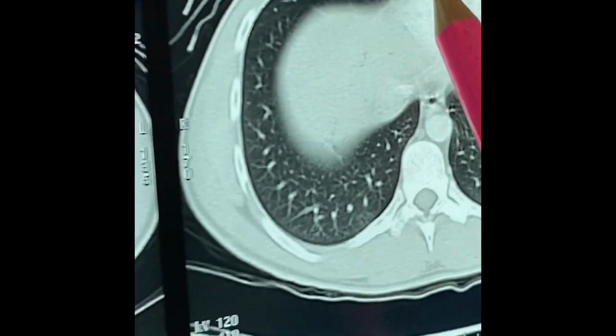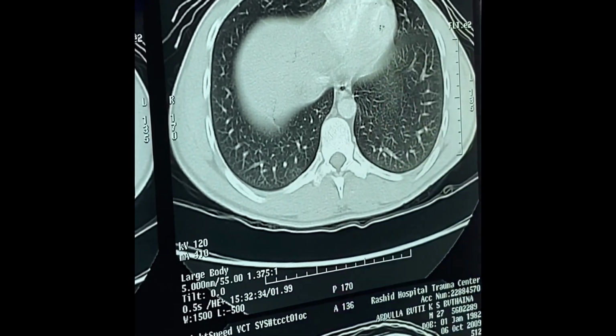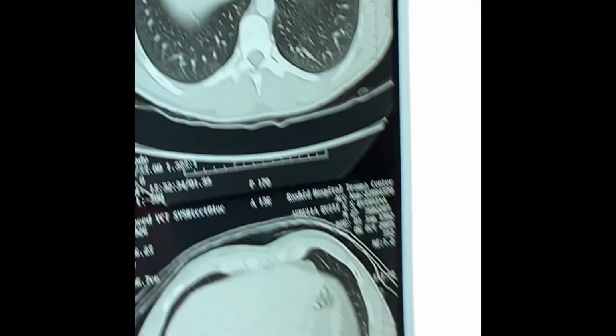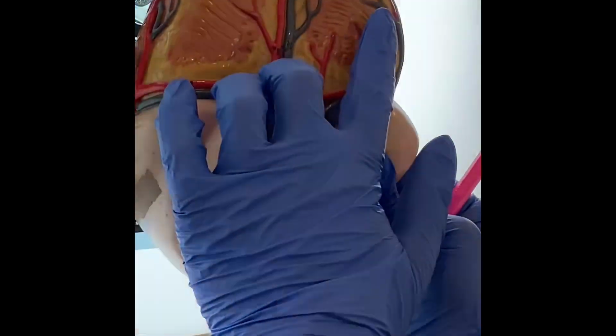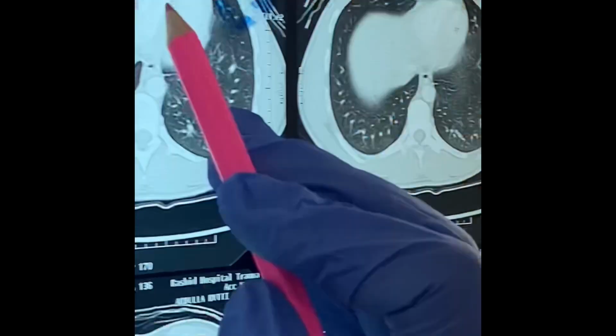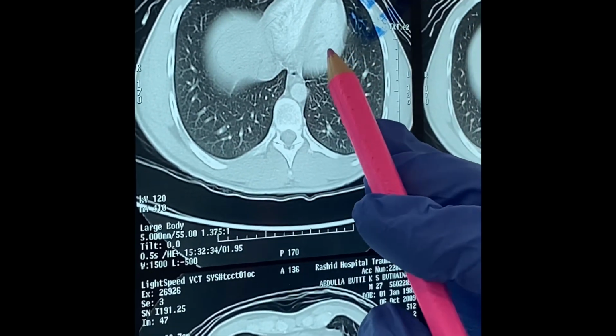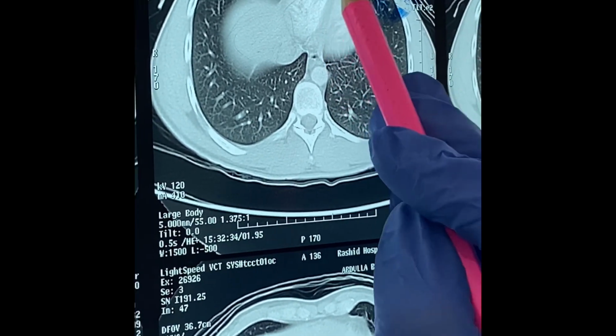Now the heart has started to appear. So the first thing that you will see on the diaphragmatic surface of the heart, as in here, you will have to identify the right ventricle and left ventricle. So here, this is your right ventricle, this is the left ventricle, and this partition here is the interventricular septum.